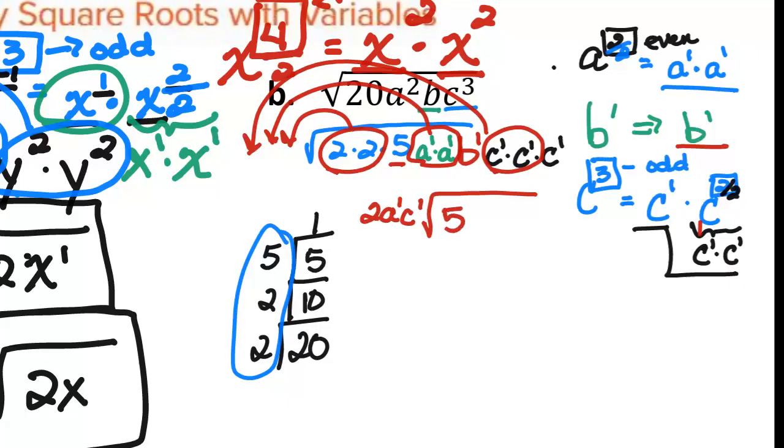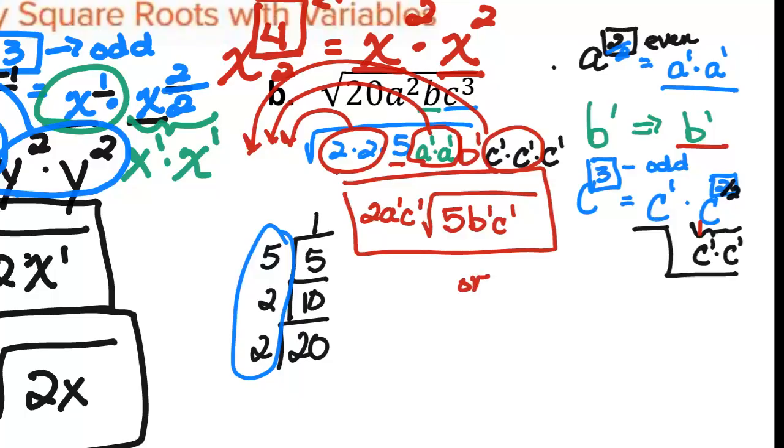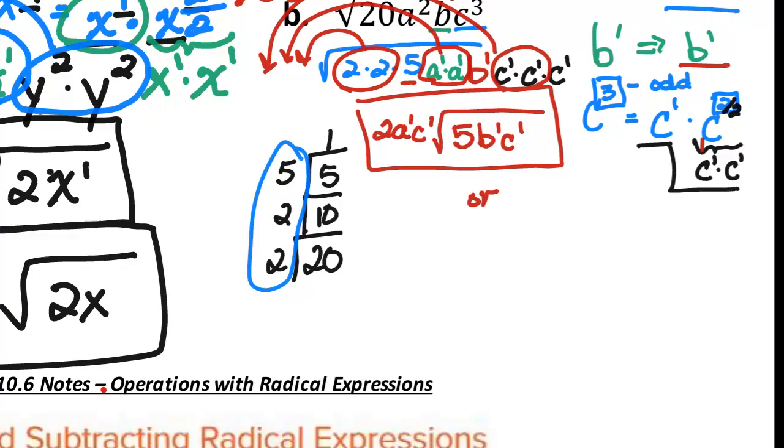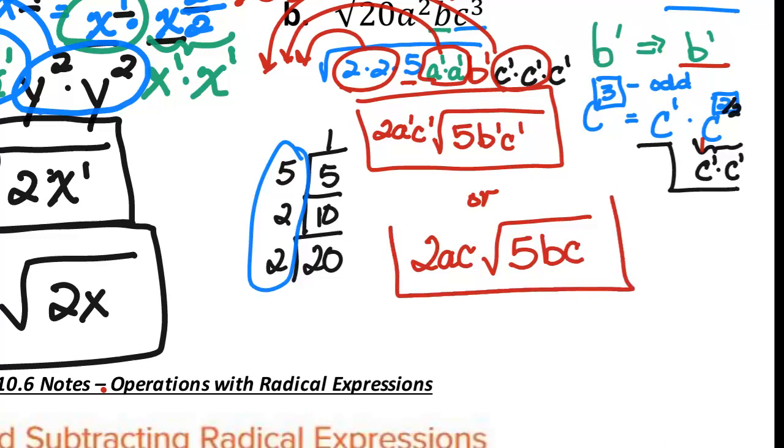So that's 5, b to the first, and c to the first. This is your final answer. Or, because of all those ones, you could also write it as 2ac times the square root of 5bc. Right there.